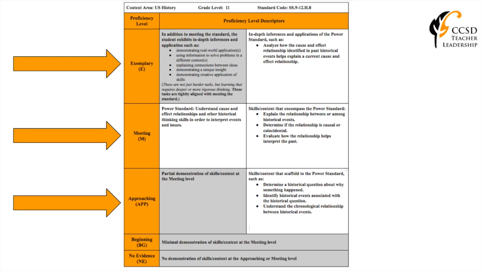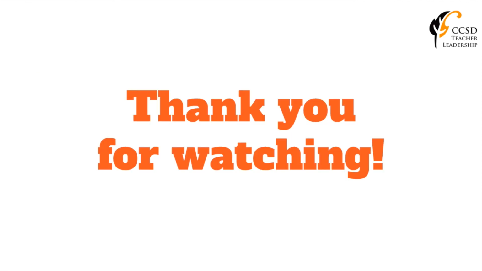In a standards-based grading world, we are only recording a student's understanding of a power standard, not other learning that may be associated with the class. We also must be very careful as to what level we assign a question to. For example, if the question asks only for partial demonstration of the power standard, it cannot be marked as a meeting or exemplary question.